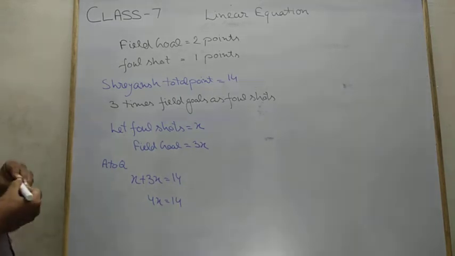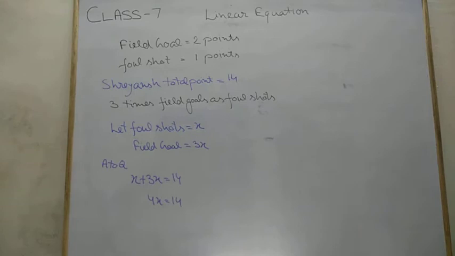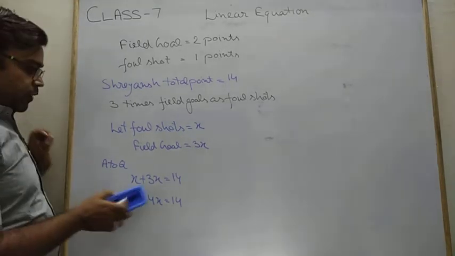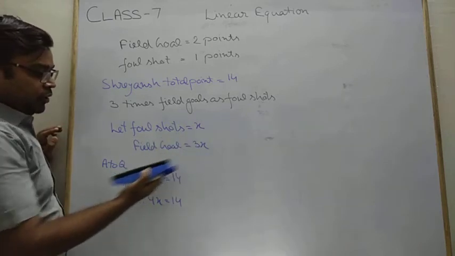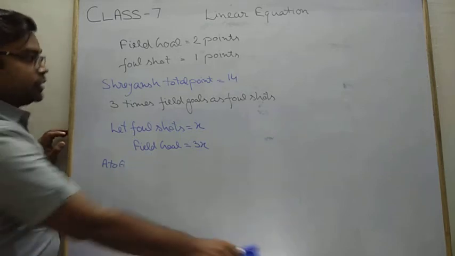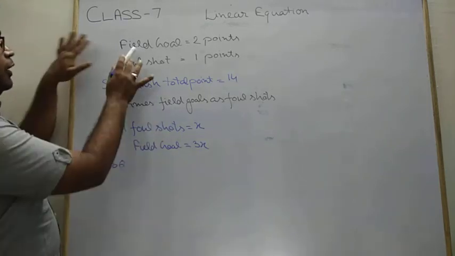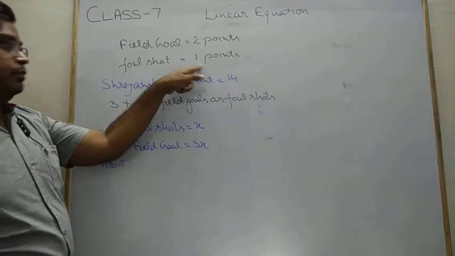Wait, we are missing something. It's shots, not the points. We have to add the points. So in this case, let me explain first. Field goal has 2 points, foul shot has 1 point.